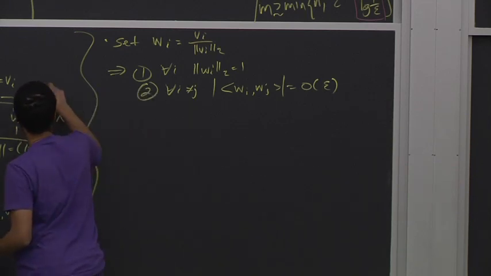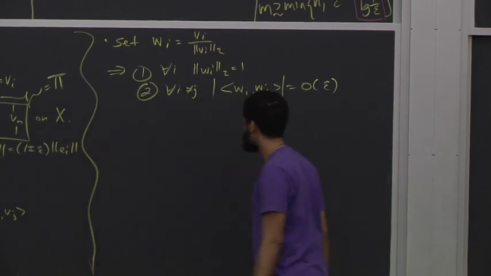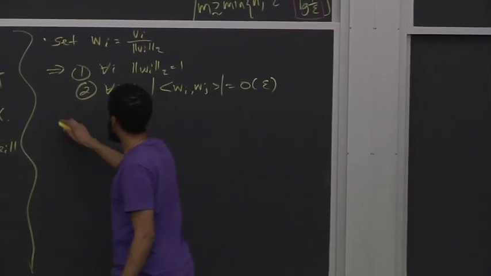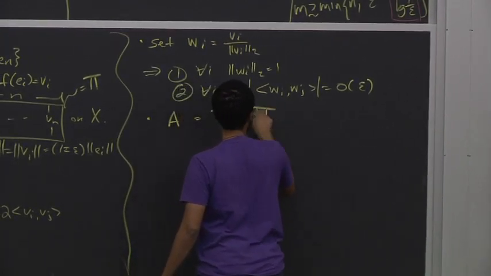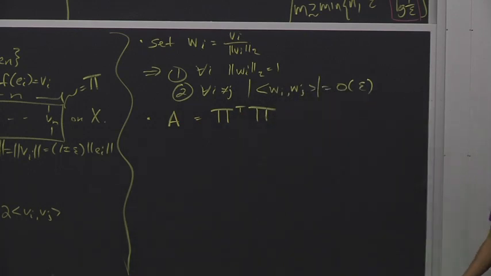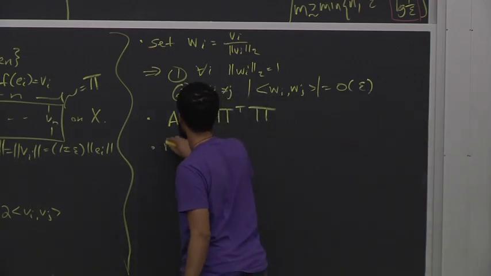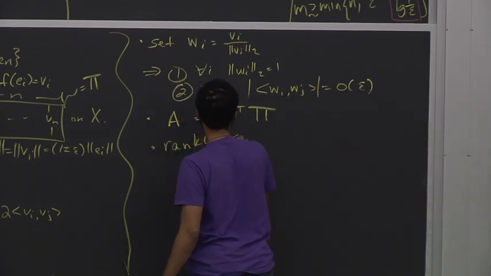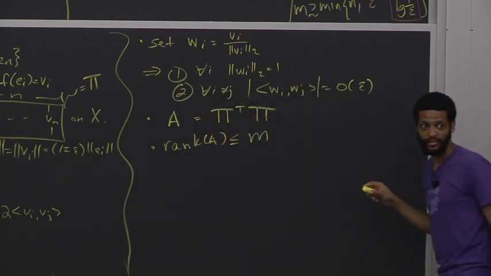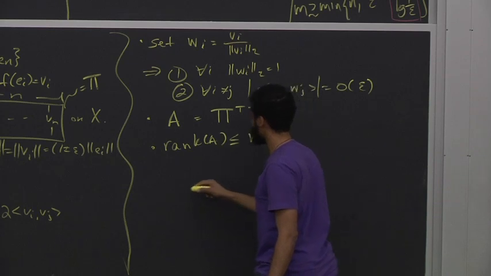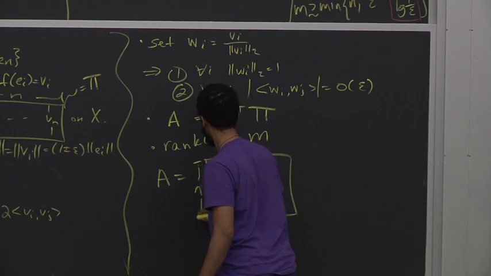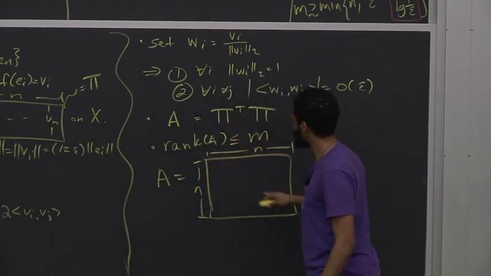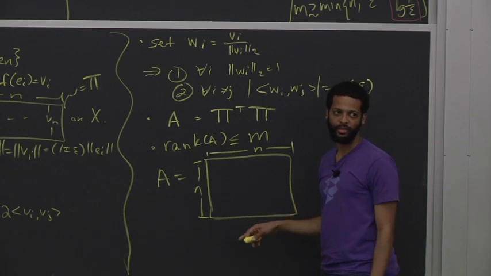So call this matrix pi. This is our JL matrix for the simplex. Define A to be pi transpose pi. Notice that the rank of A is at most m. What does A look like, by the way? It's an n by n matrix. Every entry is just a dot product, Wi dot Wj.